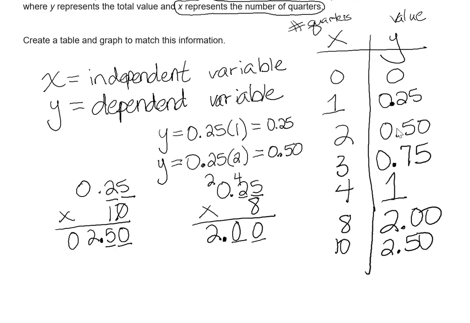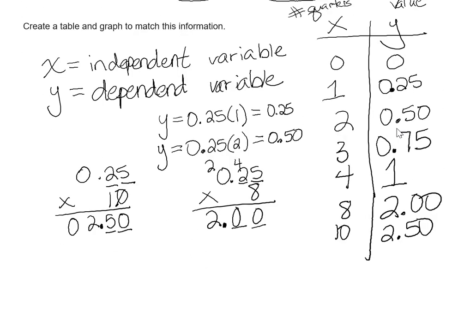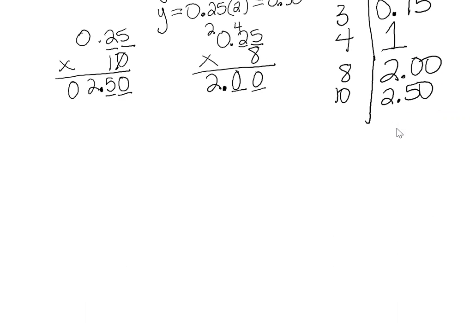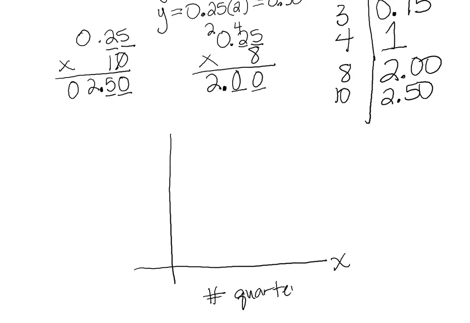We could now take this information from our table and create a graph. In our graph, the x-axis goes across, and our x value represented the number of quarters. The y-axis goes up and down, and our y-axis represented the amount of money, the value of those quarters.